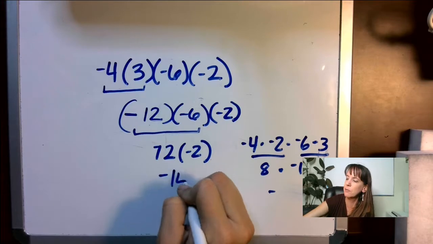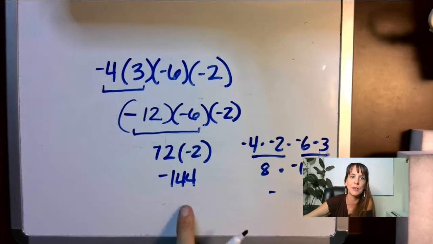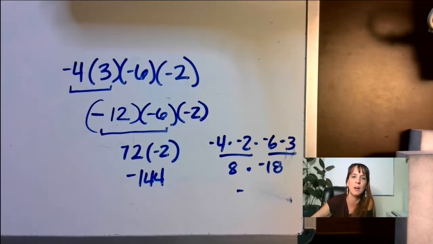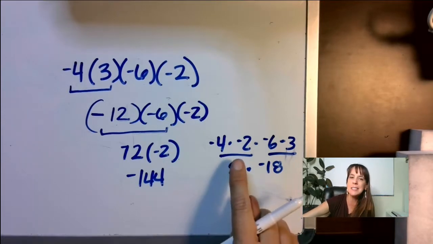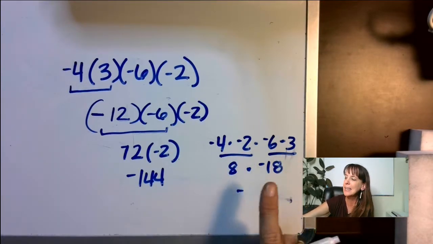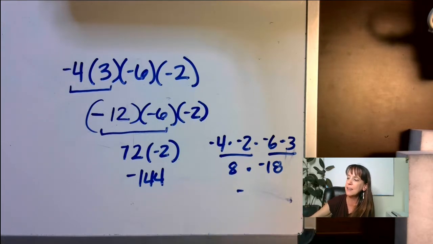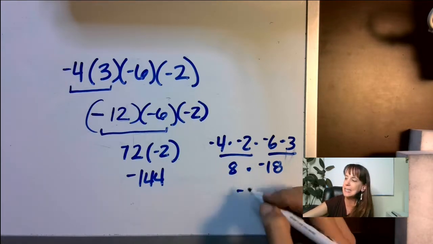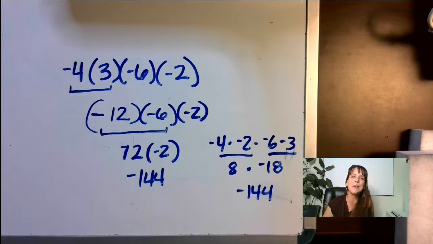This is -144. Positive times negative is negative. 8 times 18, -144.